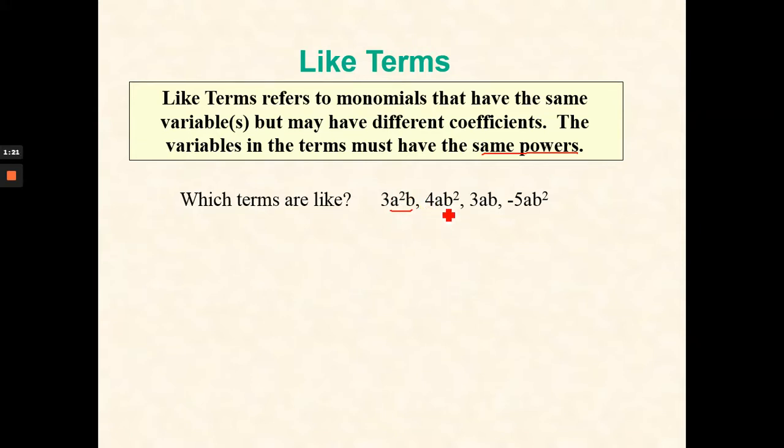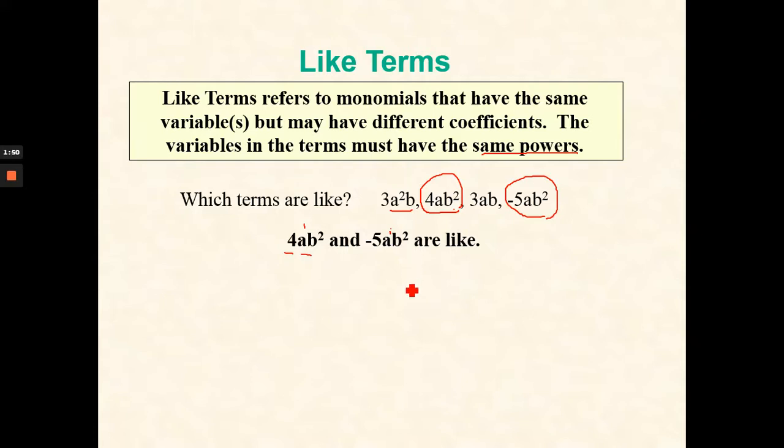How about here? ab squared and ab squared. So 4ab squared and negative 5ab squared are like terms. They have different coefficients, but they have the same variables. The exponent of a here is 1, the same as here. The exponent of b is 2, the same as this one.